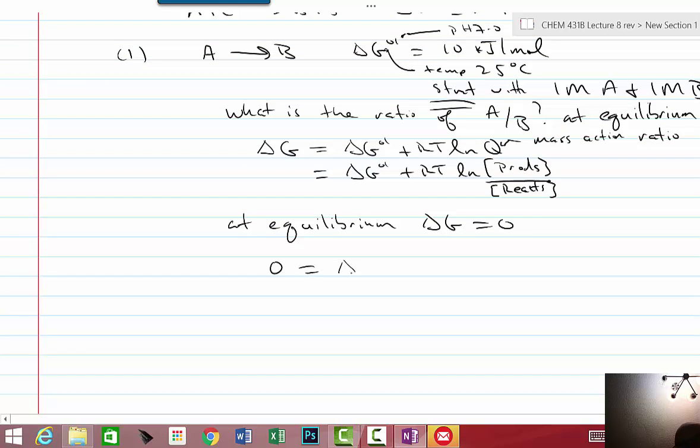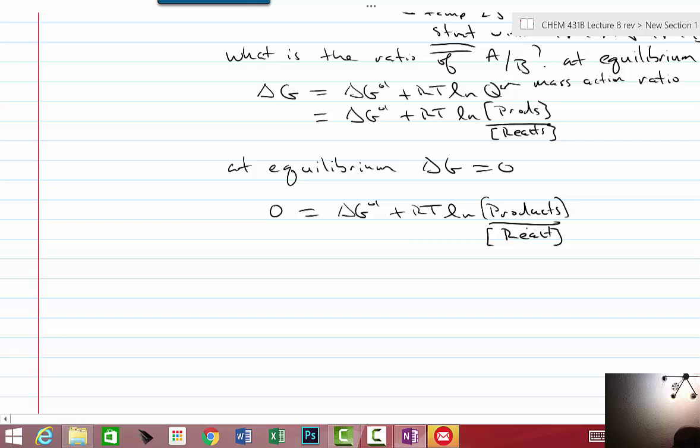Okay. And so we can put that into the equation. 0 is going to be equal to delta G under standard conditions plus RT natural log of products over reactants. And now all we have to do, in this case now that we have delta G equals 0 overall, is that this becomes K equilibrium.